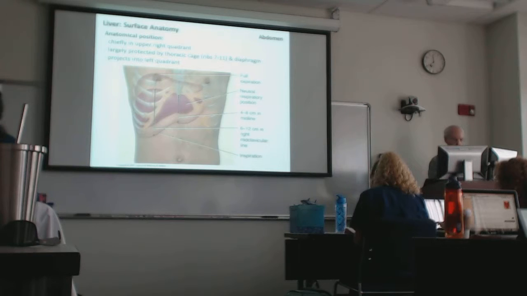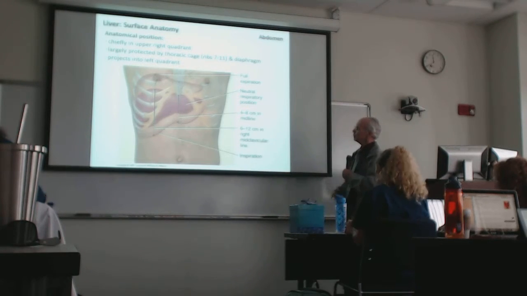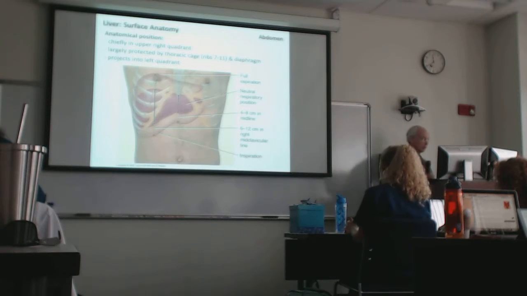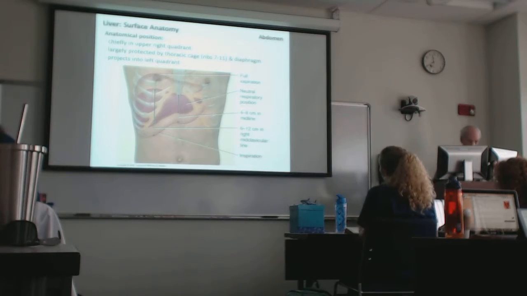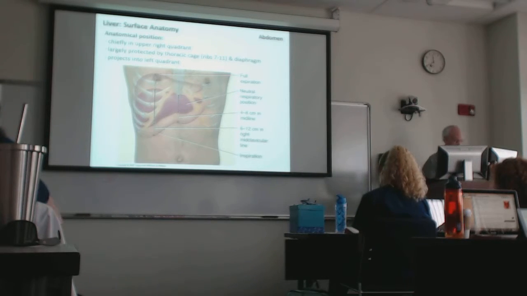The diagram here is simply reminding you that the liver is sitting adjacent to the diaphragm, and as the diaphragm moves up and down, the liver is going to be moving up and down with it. And so, anatomical position in this context. Well, the larger point is that, depending upon whether your patient is sitting, standing, or recumbent, the position of these structures is going to change with each ventilatory cycle.